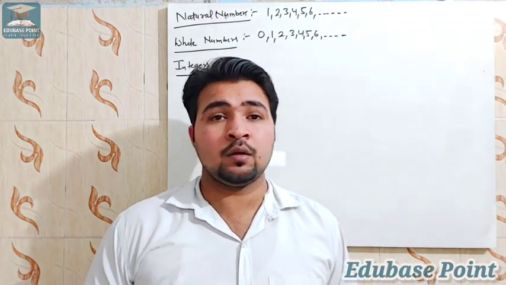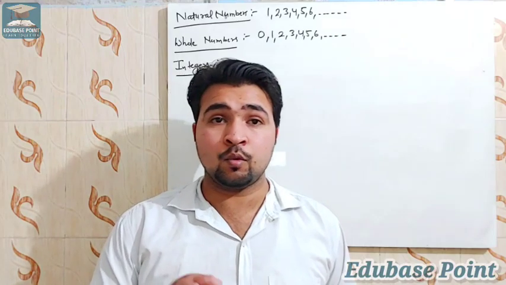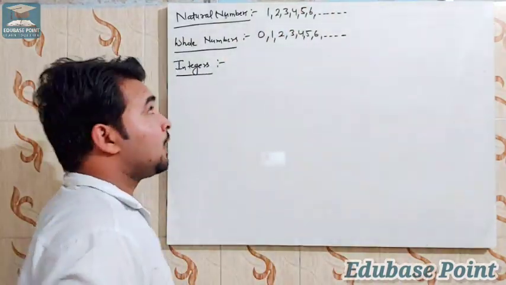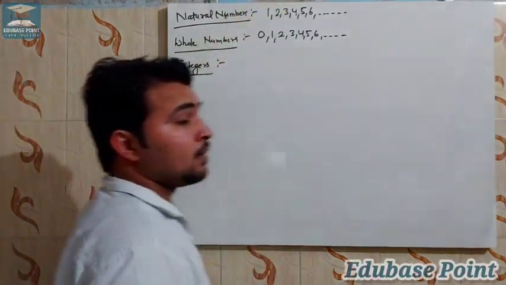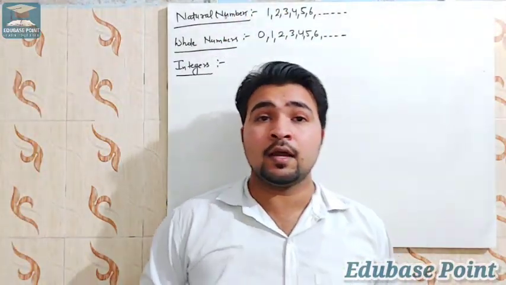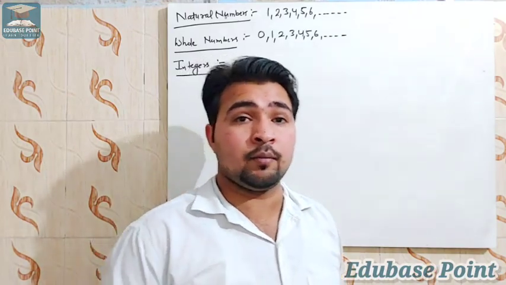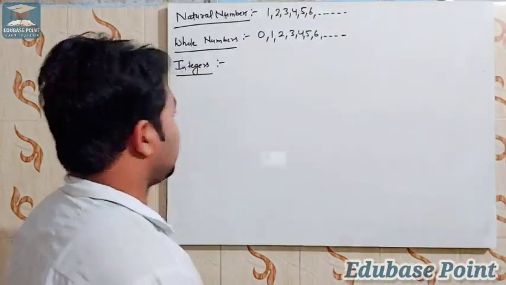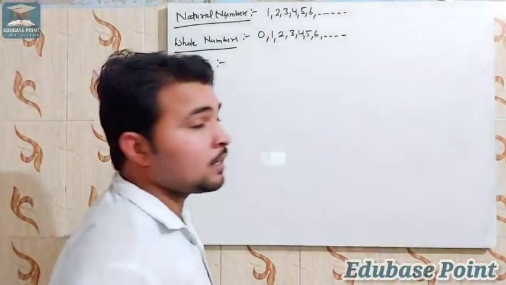That means all natural numbers are positive, and when we add the negative symbol, they are negative. And also I add the number 0 to these numbers. So these are integers.